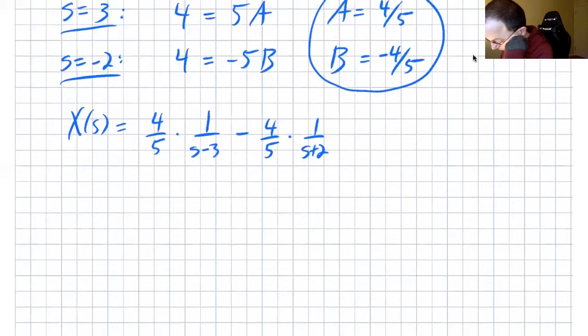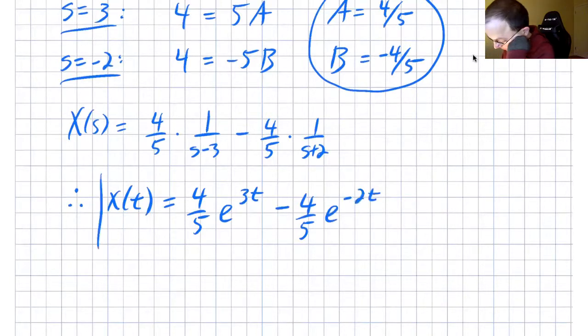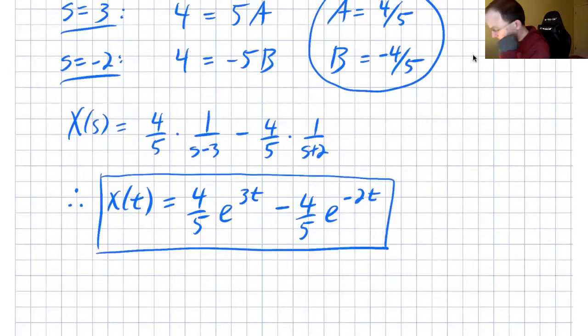And so therefore, x of t is 4/5 e to the 3t minus 4/5 e to the negative 2t. And there we go. Does that match what we had before?